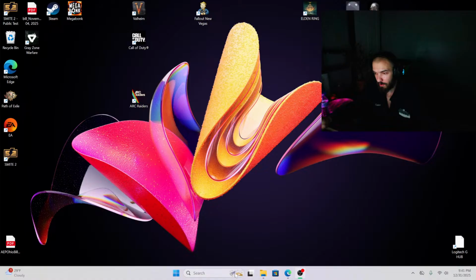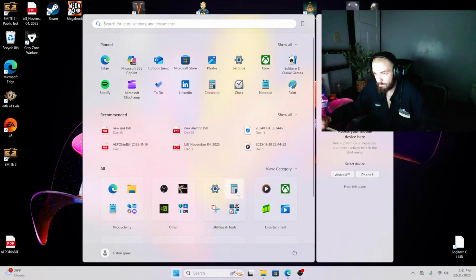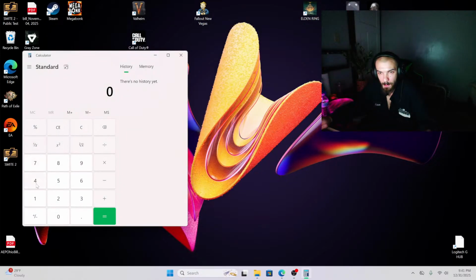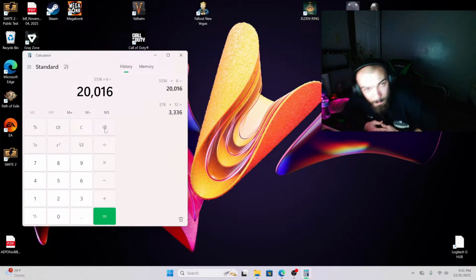Where'd that calculator go? Let's say it was for 6 years. That's about right. Or 5 years, a little bit less, probably. That's what I would have paid for it.